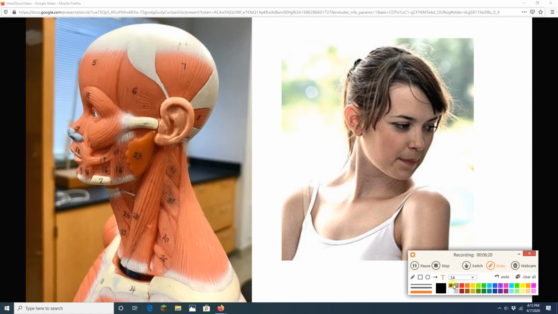Sternocleidomastoid, it's got that prominent O. And those O's remind me that it rotates your head to the opposite side. Now, the splenius capitis on the other side does not have that O. What it does have is a lot of S's, and those S's remind me that it is going to turn my head to the same side. All right, excellent.